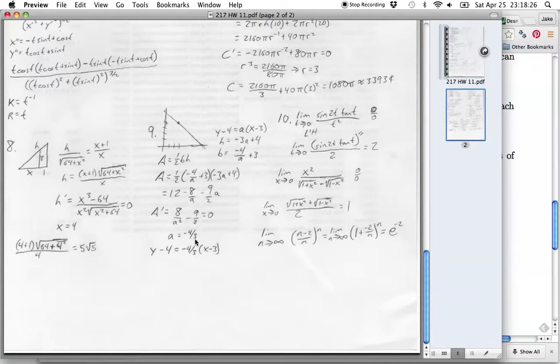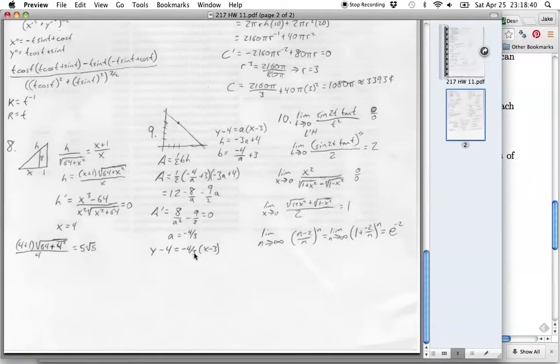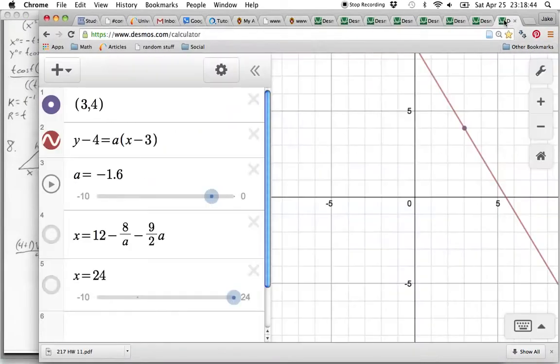So I have the negative 4/3. And then, of course, I just put that in because it asks for the equation. It says find the equation of the line. So I found the equation of the line right here, and we can explore that a little bit.